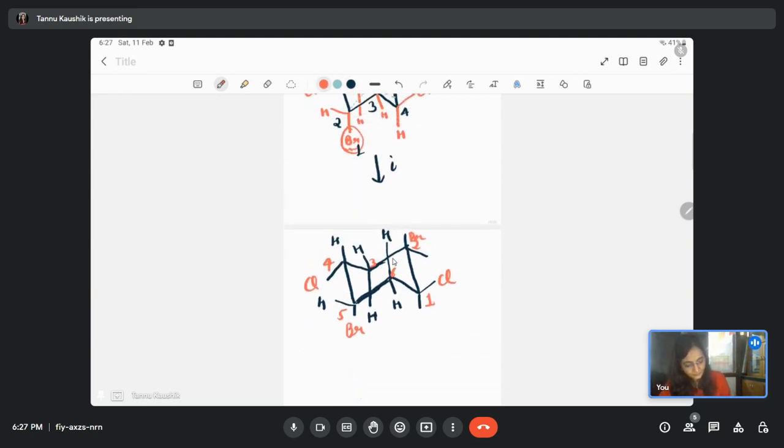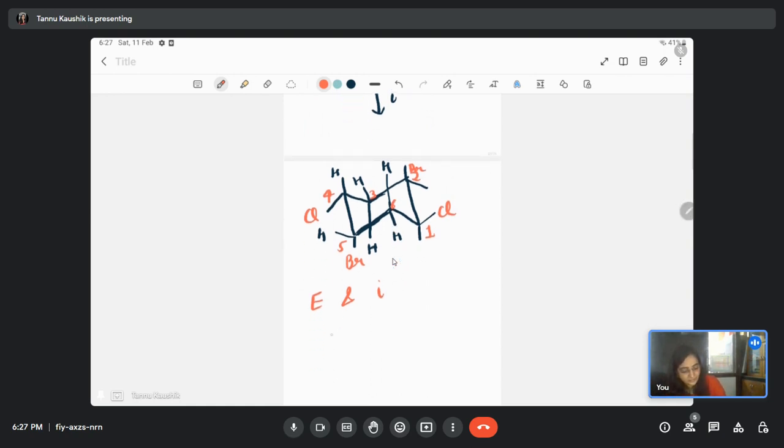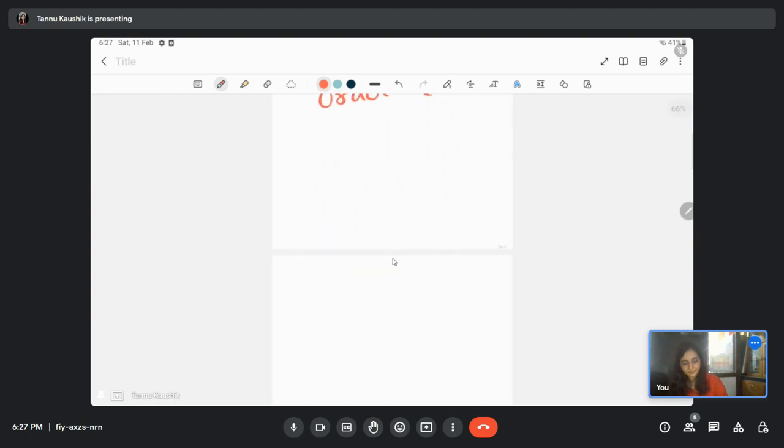So these are the configurations we get. So in this molecule, we have only the identity operator and the inversion center. No other symmetry operation is present. So here we have order 2 for this molecule.